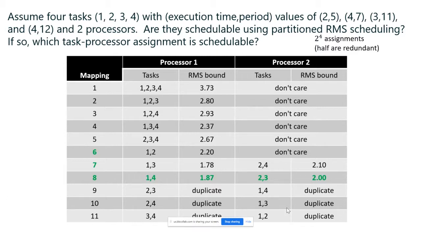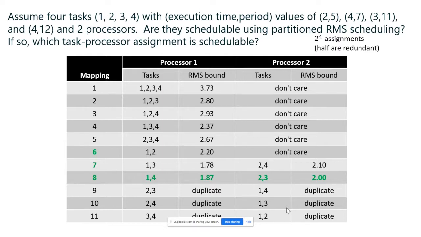Now, in that case, we don't really care about what's on processor 2. Obviously, no task would be on processor 2 in this case, but we don't care because we're going to write that assignment off because of the high value we calculated. And then we can put tasks 1, 2, and 3 on processor 1. We calculate the RMS value as 2.8, or 1, 2, and 4 gives you 2.93, 1, 3, and 4 gives you 2.37, 2, 3, 4 gives you 2.63, and 1 and 2 gives you 2.2.